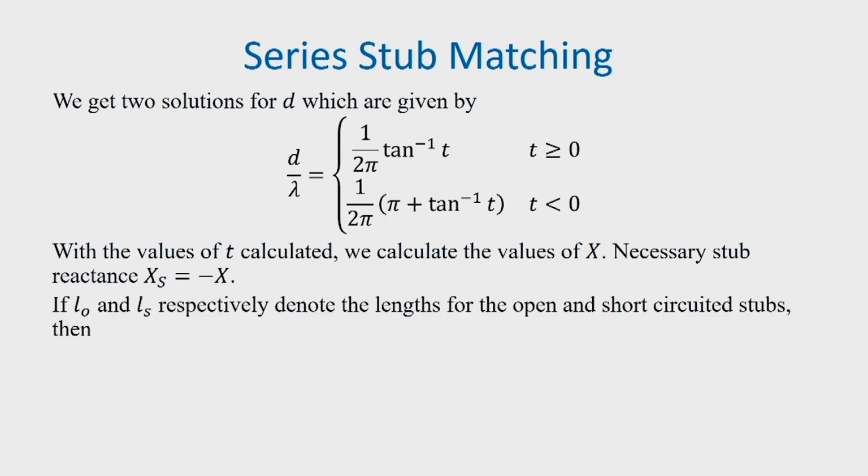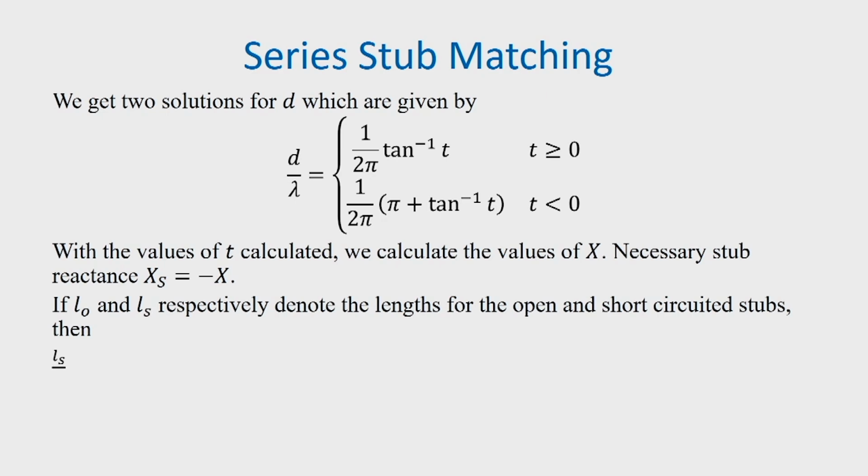So, let us denote LO as the length of the open circuit stub, and LS denotes the length of the short circuited stub.